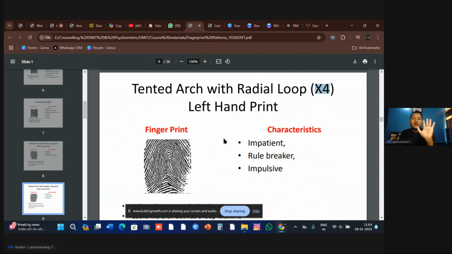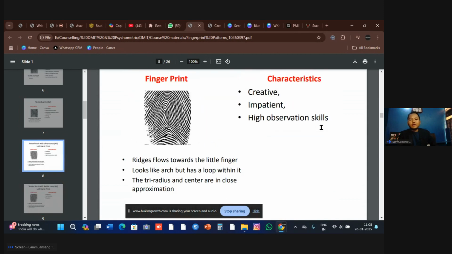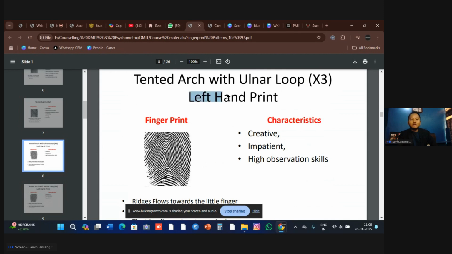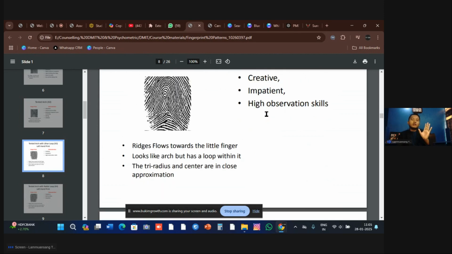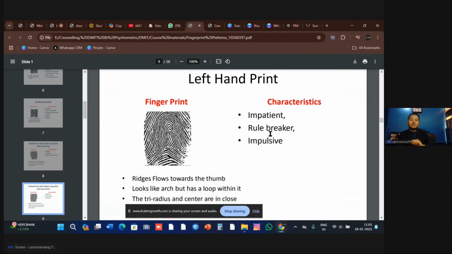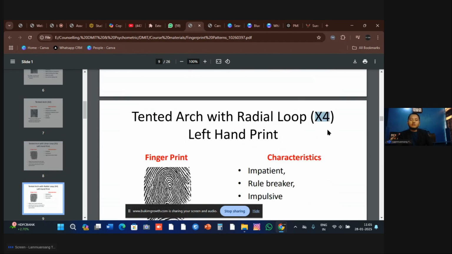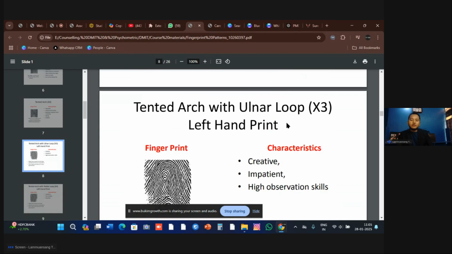But on the other hand, if you see exactly this kind of fingerprint on the right hand, you have to make it x3, because you have to mirror it. When it becomes a mirror, x3 becomes x4, x4 becomes x3, right? If you mirror it. And if you mirror this one, it becomes x4.